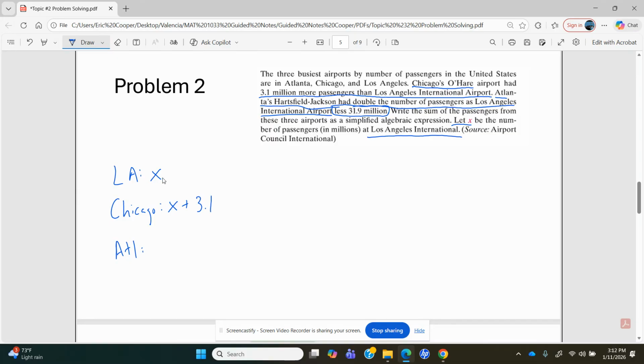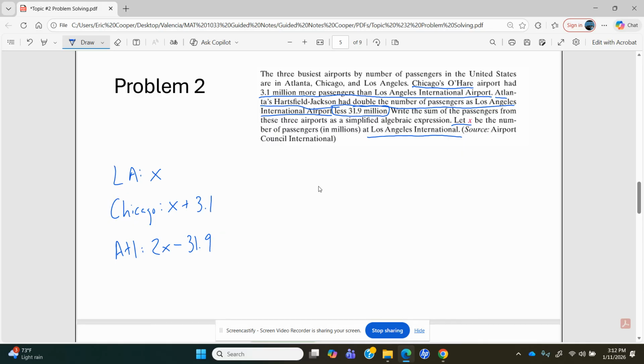Again, remembering Los Angeles in this case is X. So if I know that this is X and I need to double it, Atlanta is just 2 times that. But it also says it's 31.9 million less than whatever it is doubled. Less in this case means subtraction, so we'll need to subtract 31.9 million to find Atlanta. And these are the 3 algebraic expressions that will represent each city.